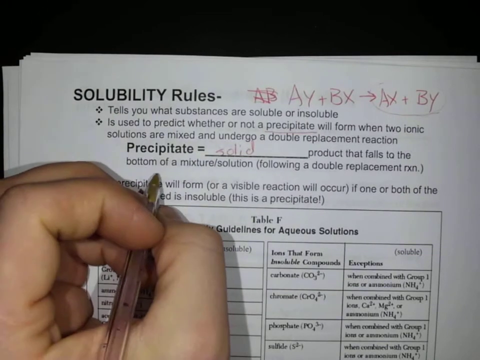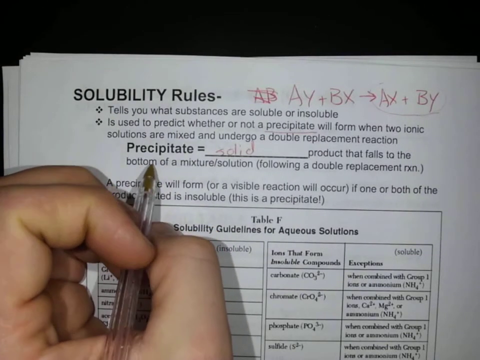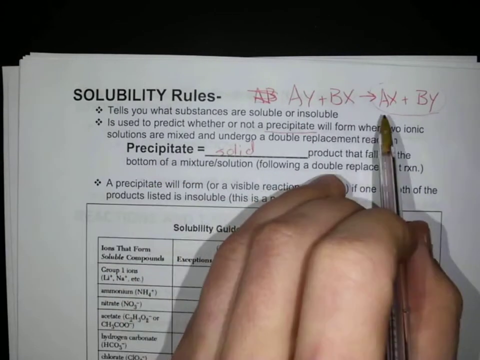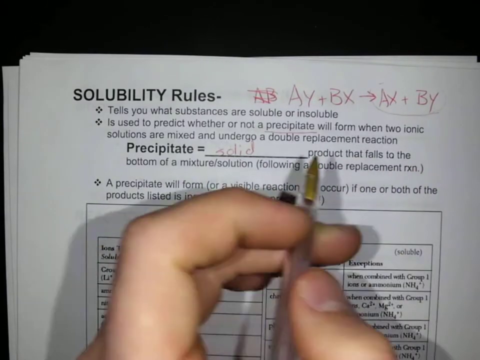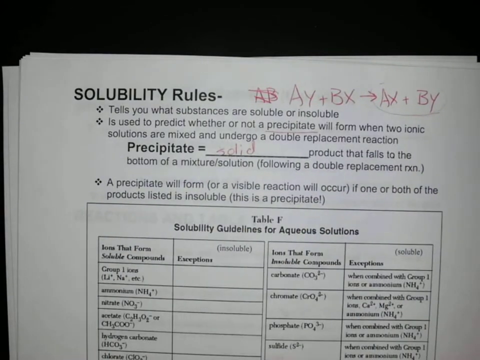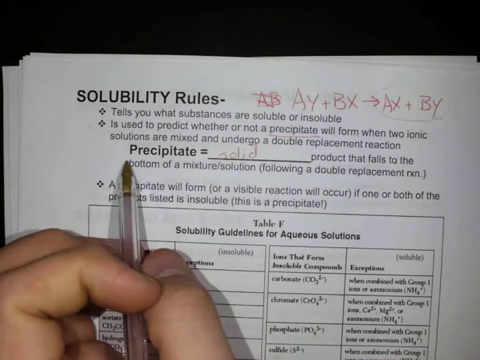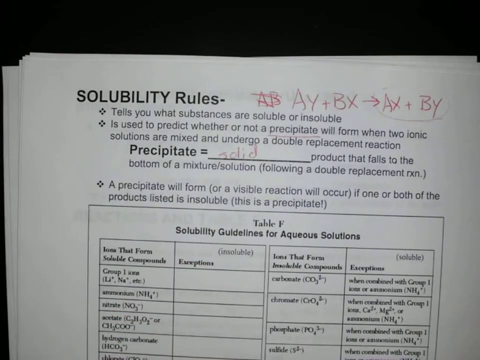So a precipitation reaction is a double replacement reaction where we go from two clear solutions to an opaque solution. That's when we are forming a precipitate.